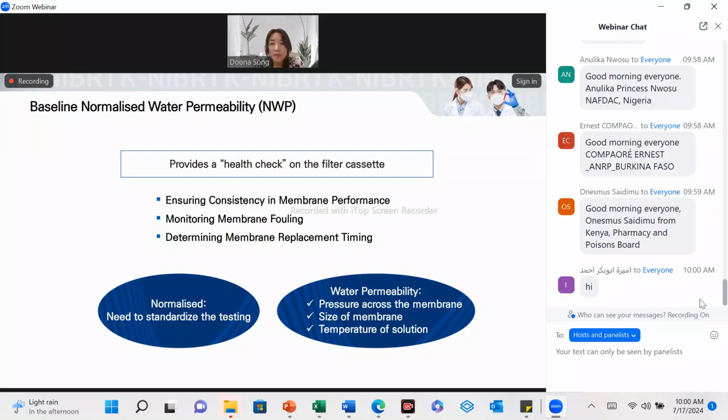Water permeability can vary based on pressure across the membrane, the size of the membrane, and temperature. So by understanding and monitoring NWP, we can ensure our filtration systems are running smoothly and effectively.